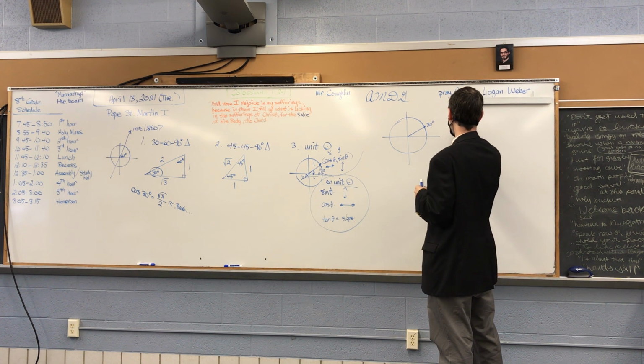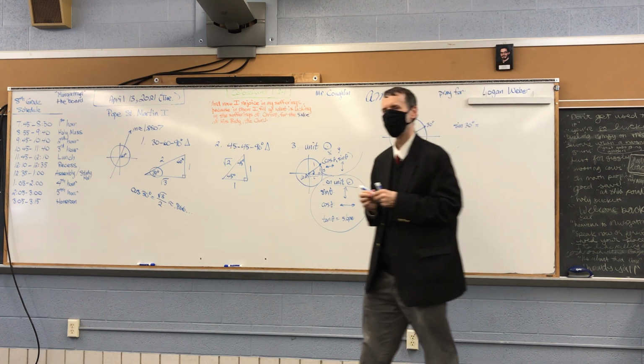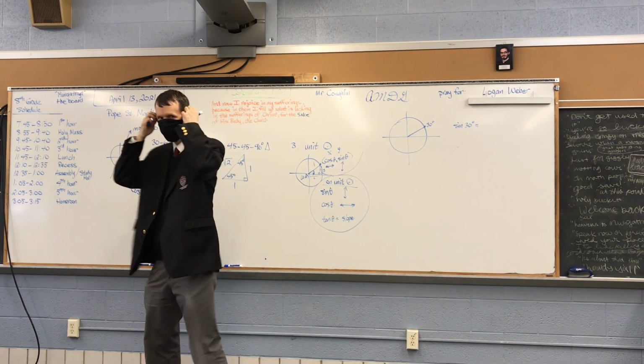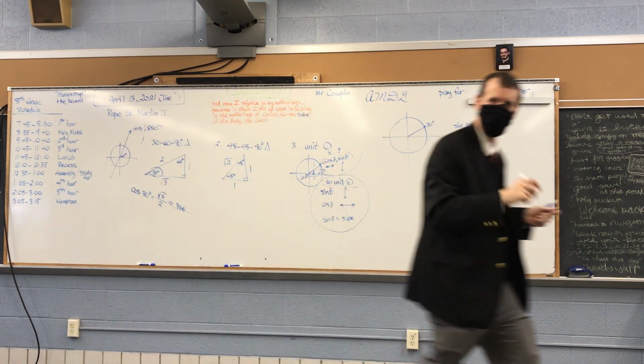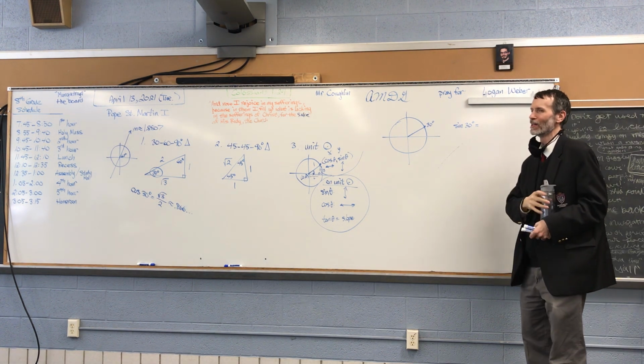Can somebody refresh my memory of the sine of 30 degrees? How do you get sine? Opposite over hypotenuse. Is there a triangle where you could do that for 30 degrees?